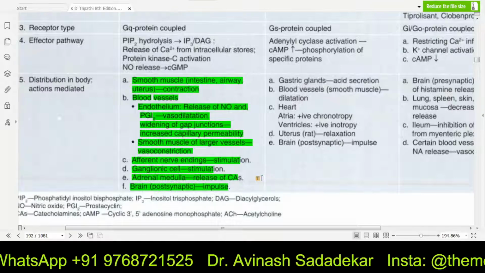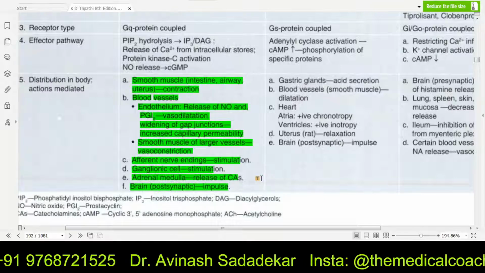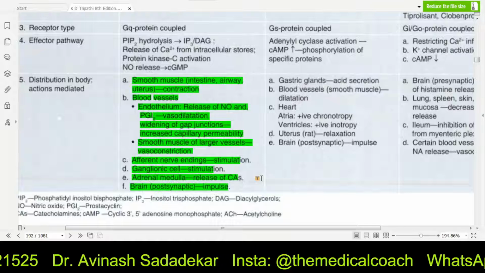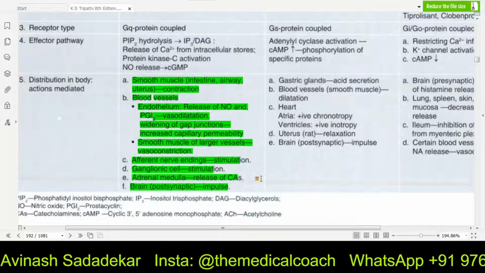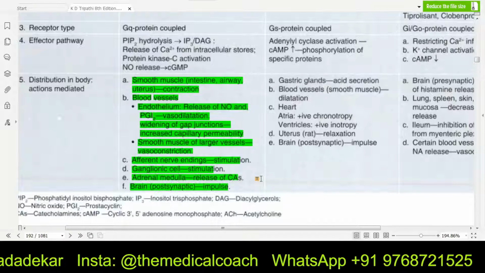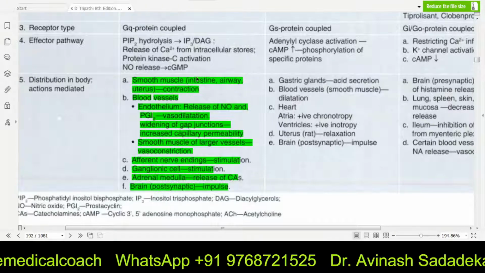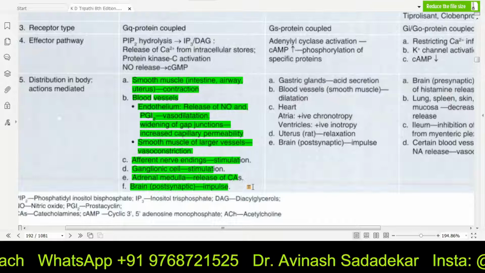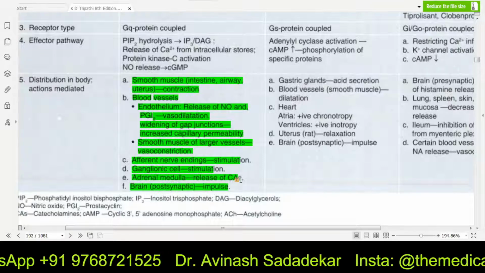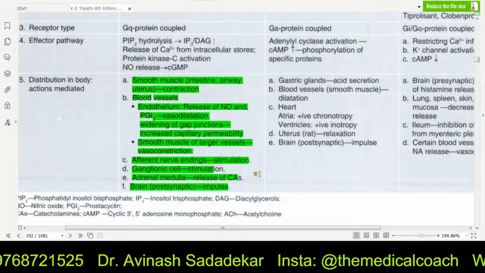The smaller blood vessels will not undergo vasodilatation. There will be no capillary permeability. There will be no vasoconstriction in the larger blood vessels. Getting the idea, right? So everything that I have marked here, because of H1 antihistaminics, all these actions will be reversed.